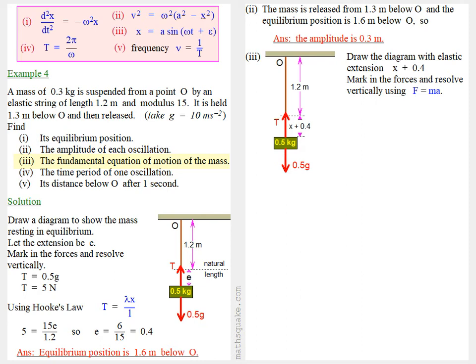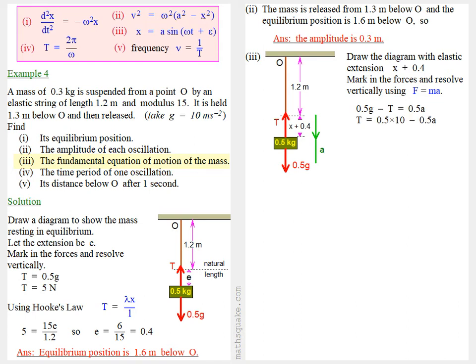We can mark in the acceleration a, and because the extension is drawn downwards, we have the positive direction for a is down. And so we have the force down is 0.5g minus T, and that's equal to 0.5a.